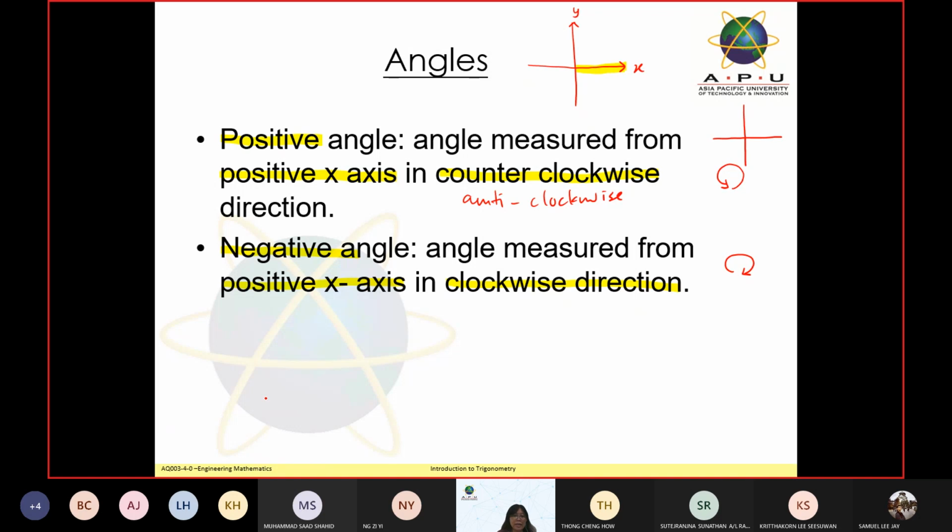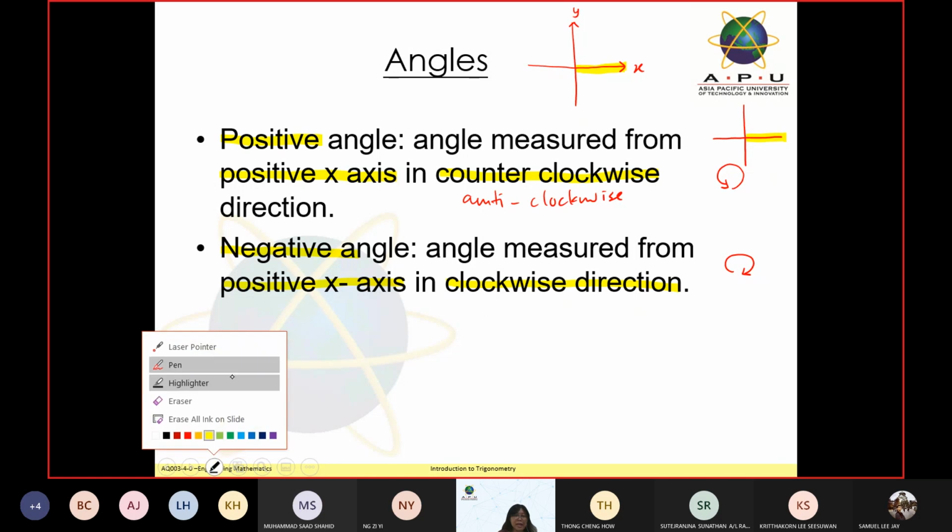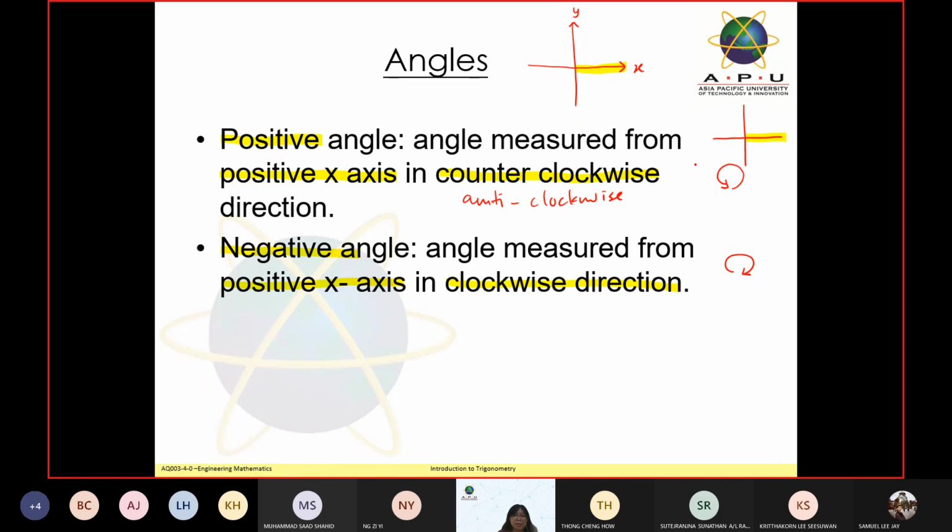As I said just now, we measure from this. Let's say we have an angle of positive 30. Positive 30 means I measure 30 degrees from the positive x-axis. This is what is meant by the positive angle.